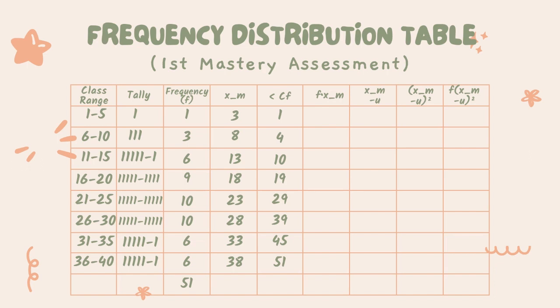Now we will find the f times x sub m. To find the f times x sub m, we will multiply the frequency by the x sub m.